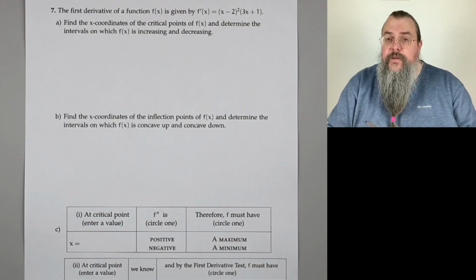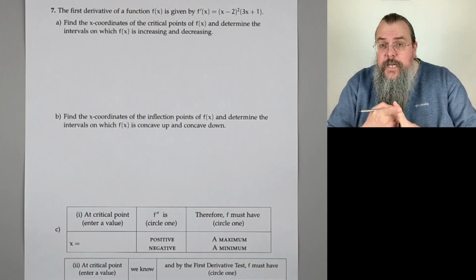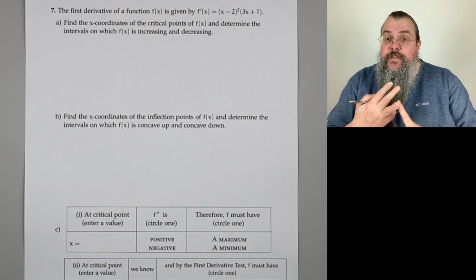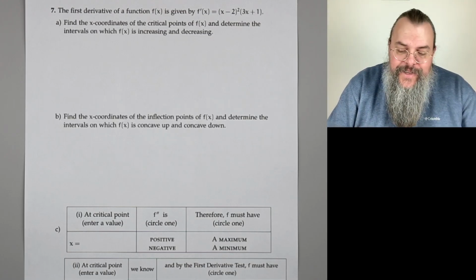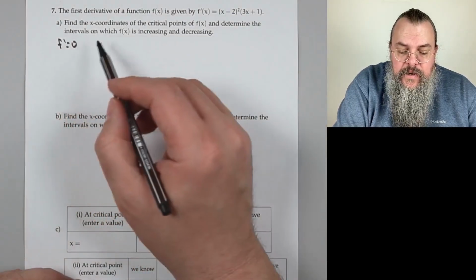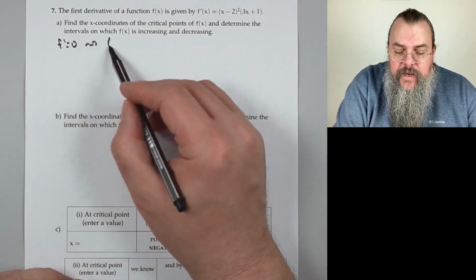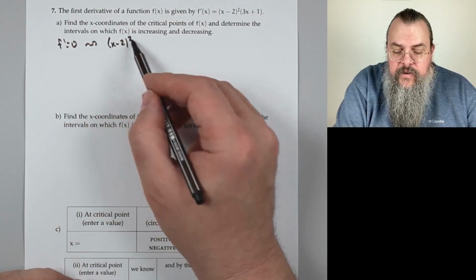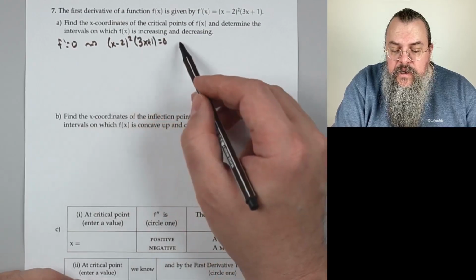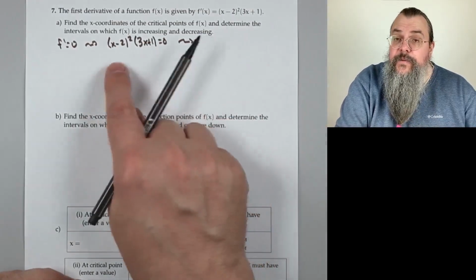So for critical points, we say, is there anywhere where it's undefined? Nope. Any boundary? Nope. Zeros? Oh yeah, we got those. So when we set f prime equal to 0, that tells us that we need (x minus 2) quantity squared times (3x plus 1) equals 0. And it's already factored for us.